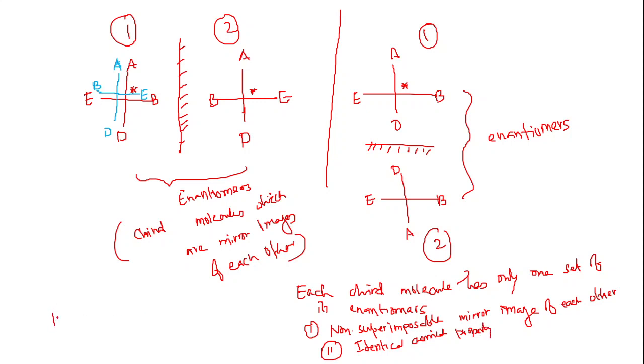The third point is they have different optical properties, meaning if one reflects the plane polarized light in this direction by 60 degrees, the other will reflect it in the opposite direction by 60 degrees. So it would be a minus, because it's in the opposite direction.